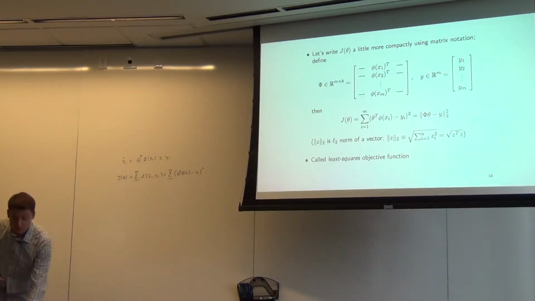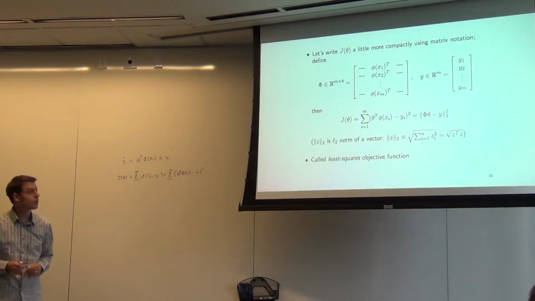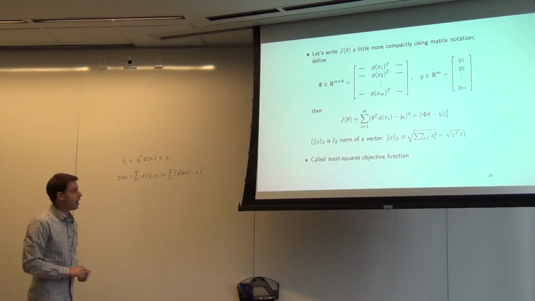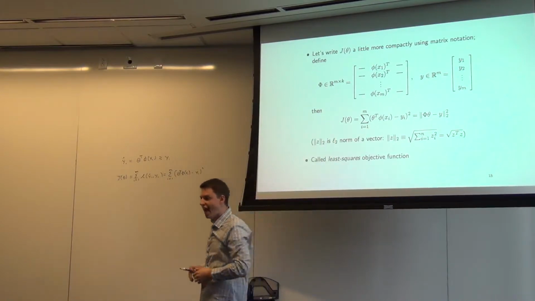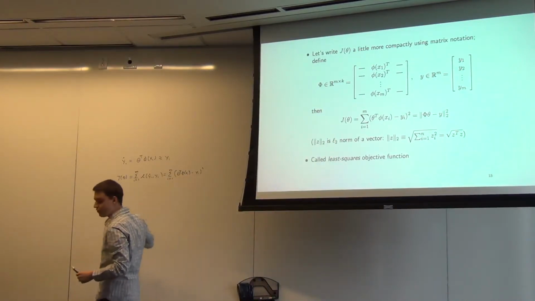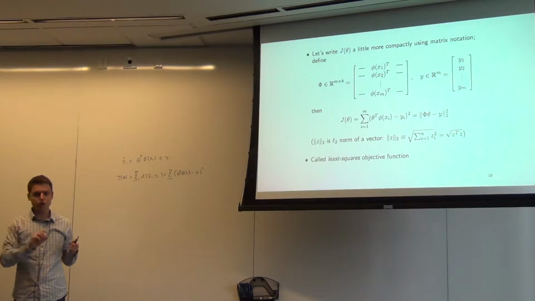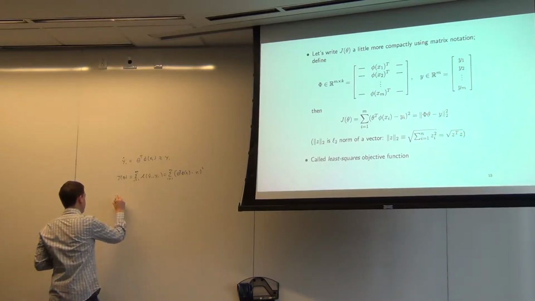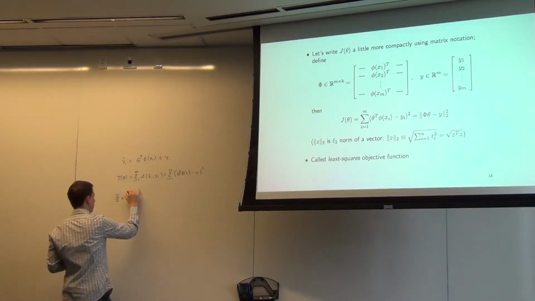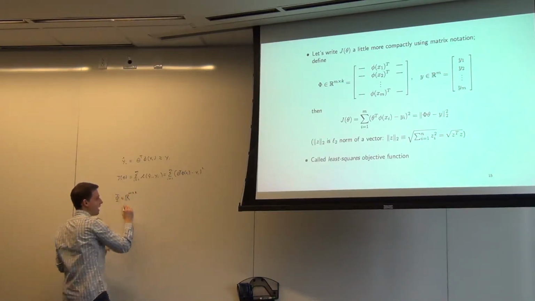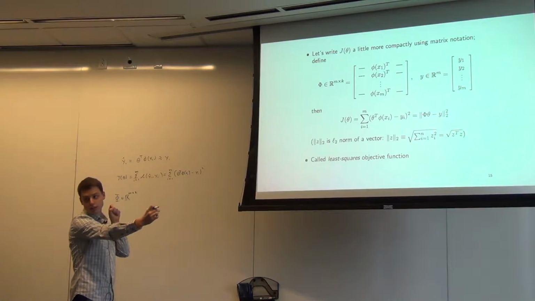So I'm going to define a few matrices here. First of all, I'm going to define a matrix big phi, which has the phis for every different example in its rows. All right, so big phi here is a big matrix. It's a matrix in R. Remember, there are m different examples, so it's going to have m rows and k columns, because each row is going to be a set of features.